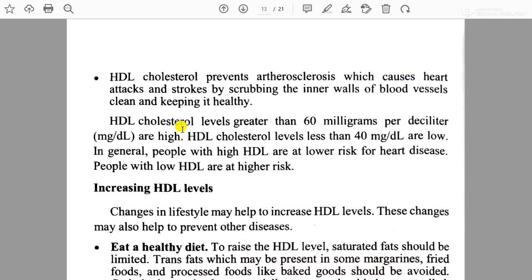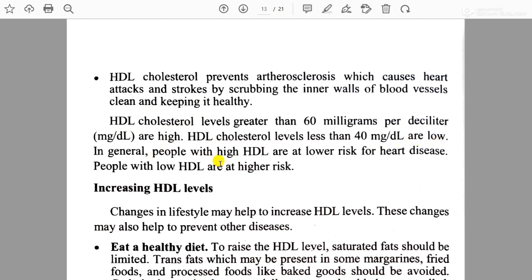HDL cholesterol levels greater than 60 milligrams per deciliter are high. So if the HDL level in a body is greater than 60 milligrams per deciliter, it means the HDL cholesterol level is very high, and HDL cholesterol levels less than 40 milligrams per deciliter are low.